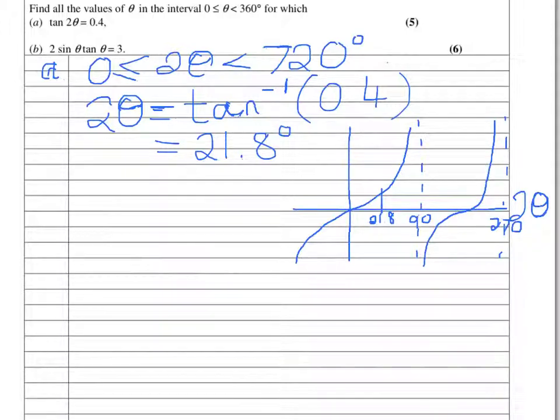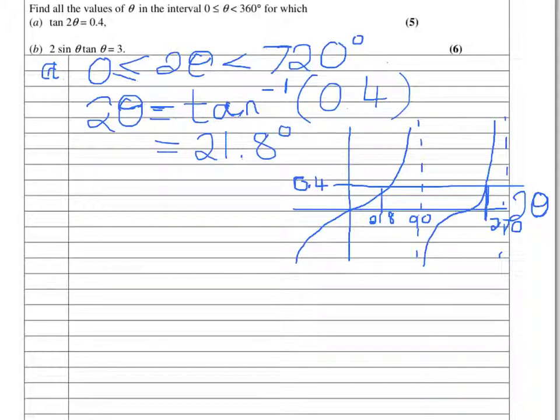Now at 21.8, tan 2 theta is 0.4. And I can see that the next time that happens is over here. So I need to think about what value that is.